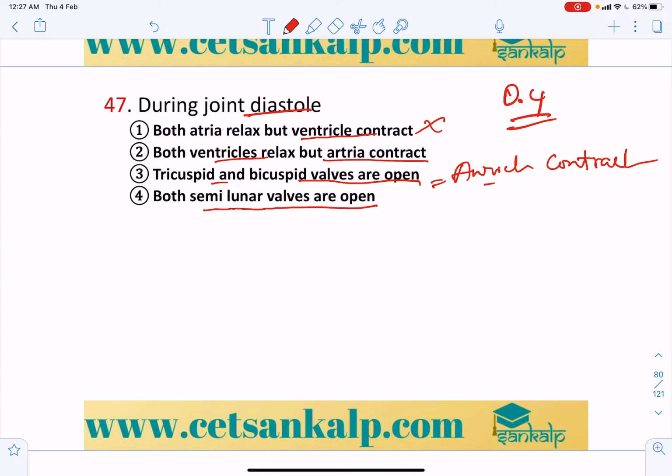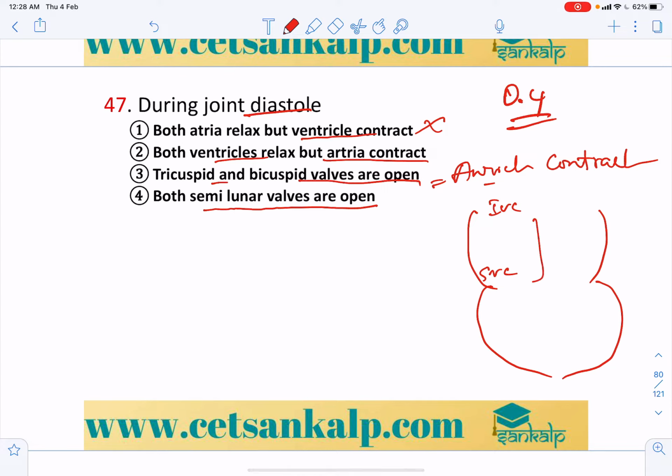So here during joint diastole, whenever the blood is going to be received, keep in mind that the inferior vena cava and the superior vena cava, along with the coronary sinus, with their valves, are going to open, and the right atrium receives blood.